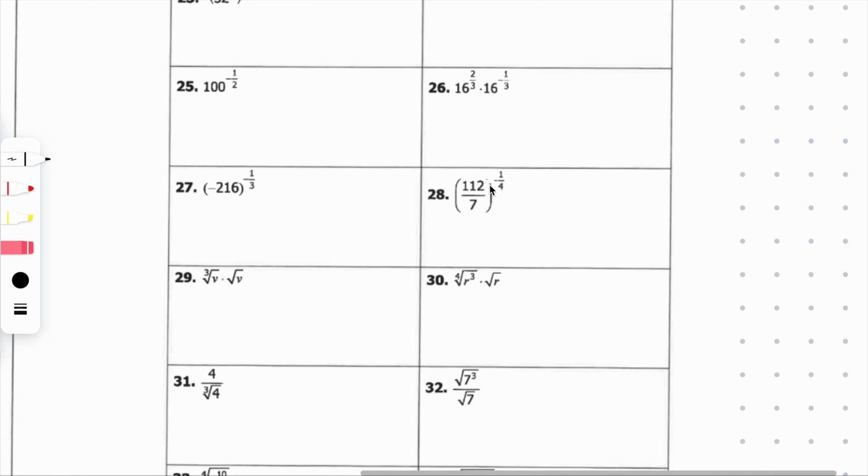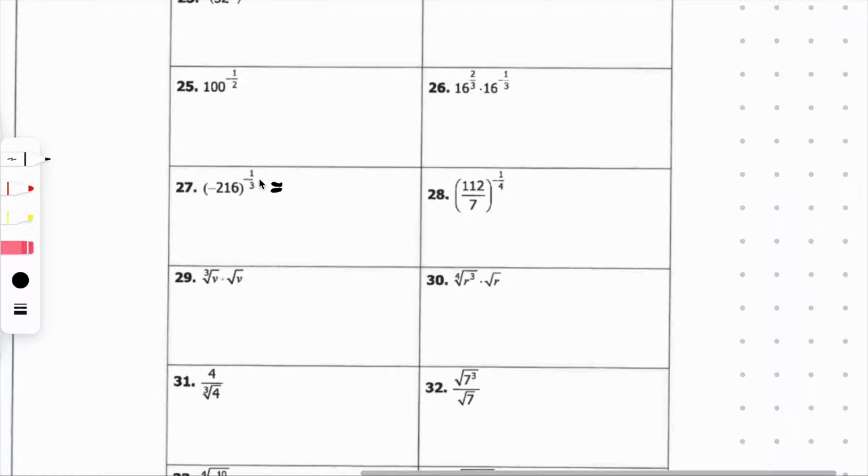Now let's do this case. We have negative 216 raised to the negative 1/3 power. Now this can be tricky because we're introducing negatives. So let's rewrite this equation.